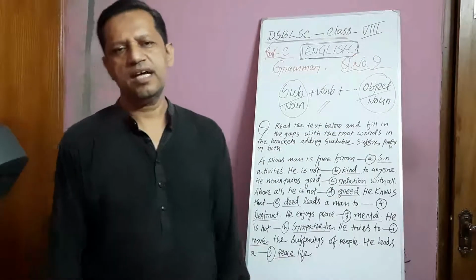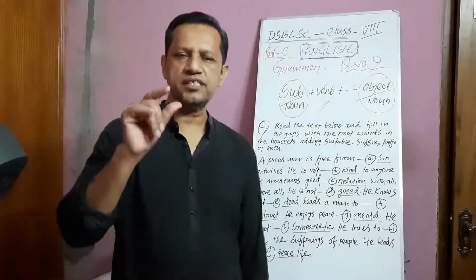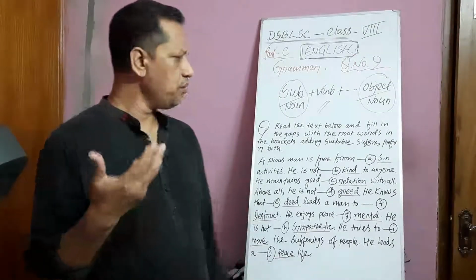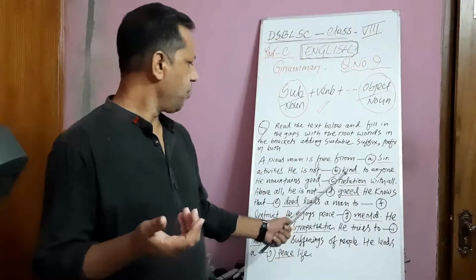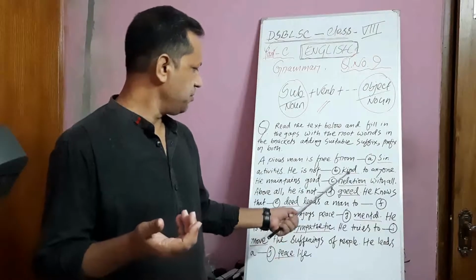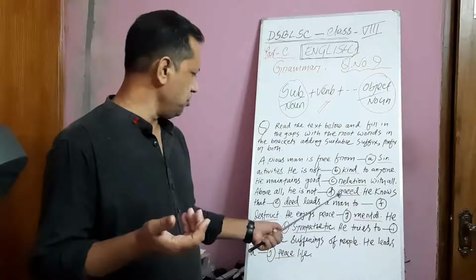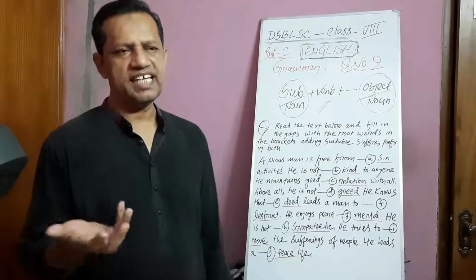The students, I like to advise you, if you have a good idea about present tense, and if you know the form from adjective to adverb, from verb to noun, from adjective to noun, this is the way you can get full marks in suffix and prefix.